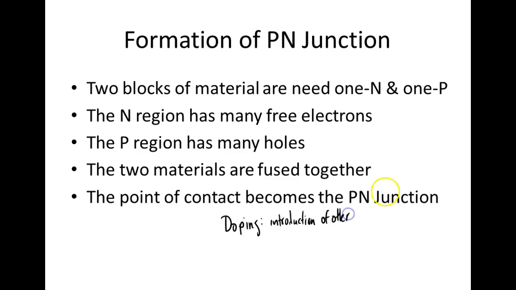Now, the atoms that we introduce, one of them we refer to as a trivalent. So a trivalent atom is defined as an atom that has 3 valence electrons.